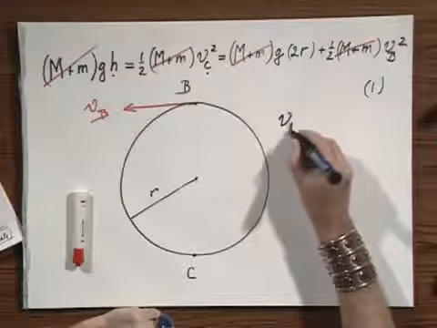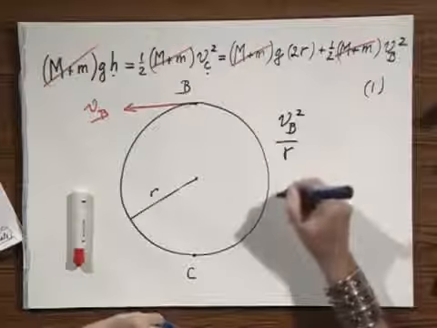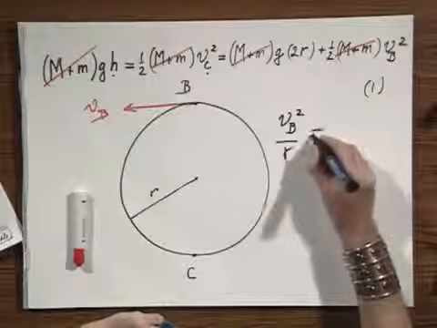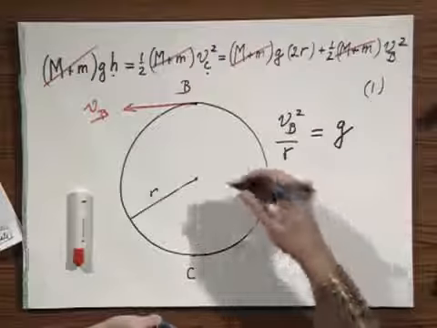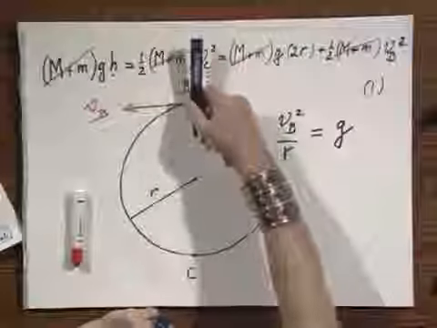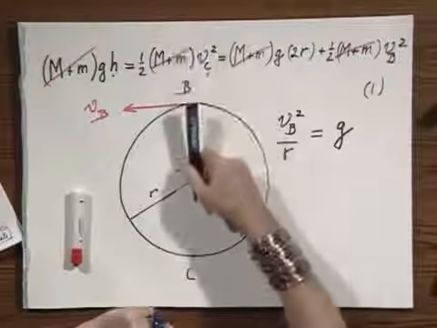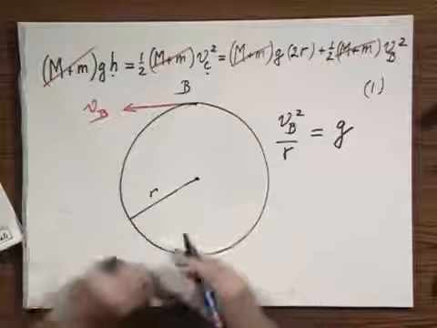And that centripetal acceleration equals vB squared divided by r. And let us now assume that this is exactly equal to g, so that gravity provides precisely the necessary centripetal acceleration to the center of this circle.